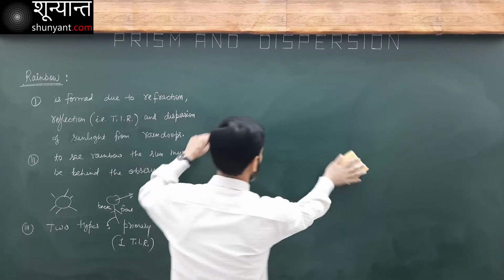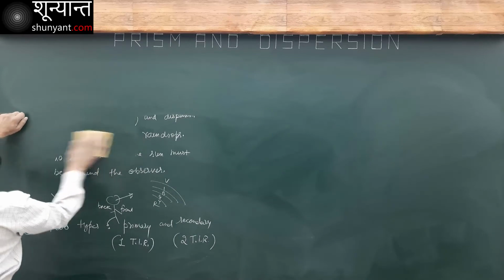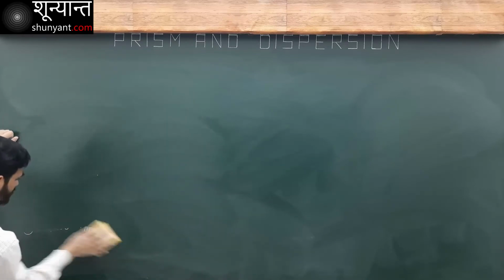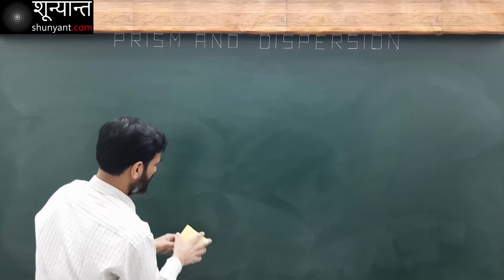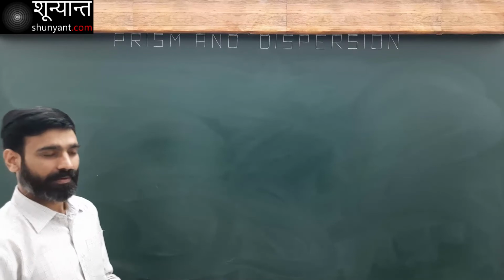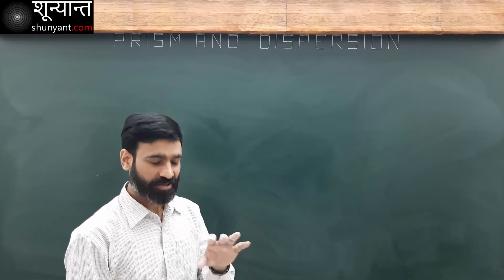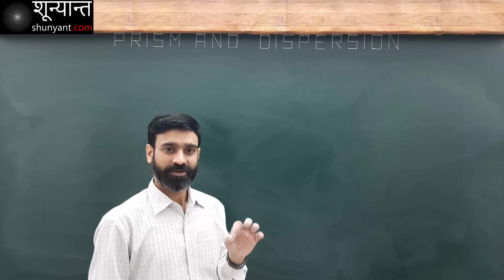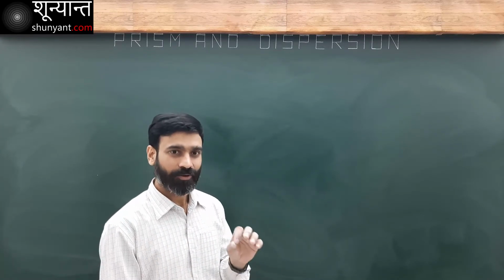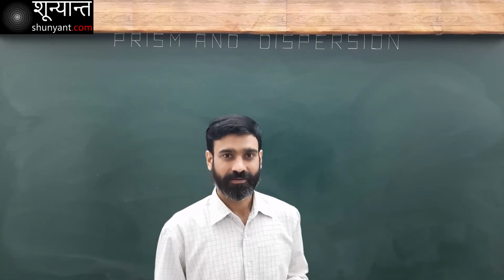Now, how is it made? Note it down. How it is created. Let's say it has just rained, and the atmosphere is full of raindrops, even though they are not visible. Imagine this situation.